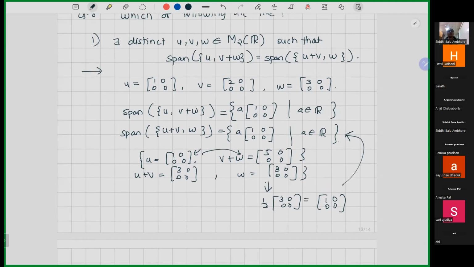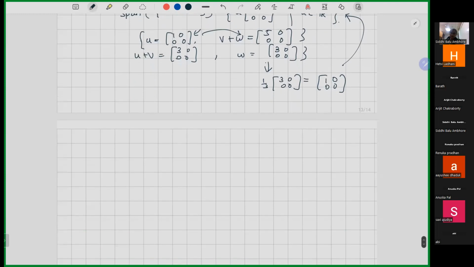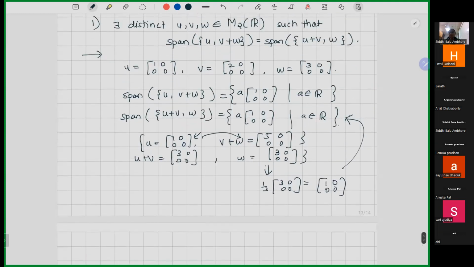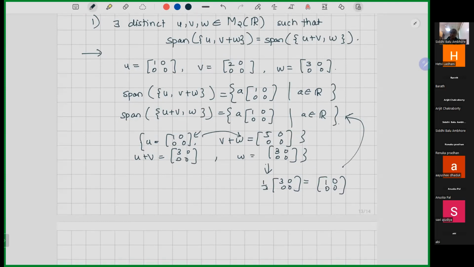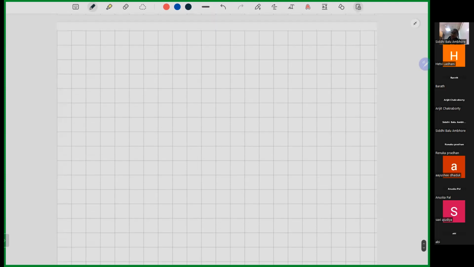We just wanted to show the existence, and we have given explicit examples using this u, v, and w such that the spans of these two sets are equal. And this is not the only way to do this. You can always choose u, v, w of your choice, given the condition that they must satisfy this span condition, which we are asked to show. Okay.